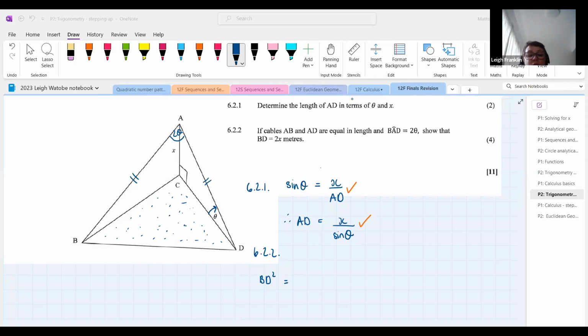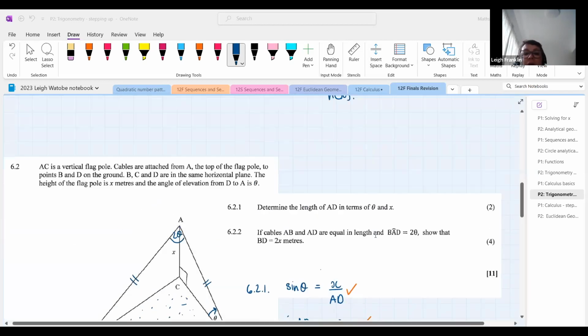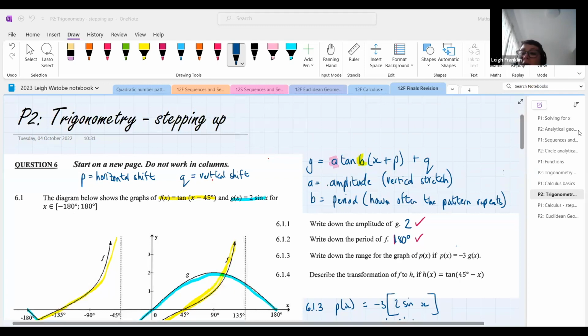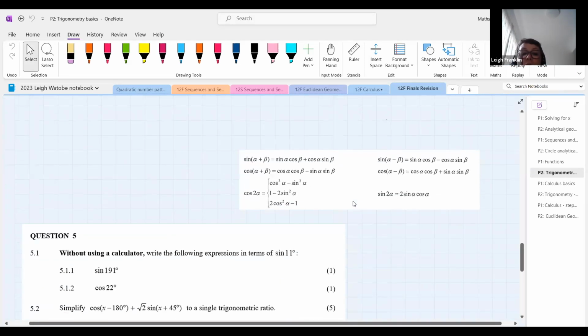Okay, so it's BD squared is equal to, let's just see. Oh, you want the formulae. I was silly, Cameron. I actually had them on here and then I went and, okay, well, those formulae are not going to help us.